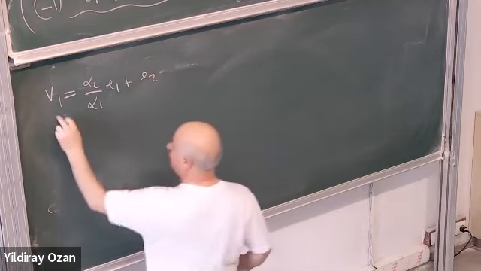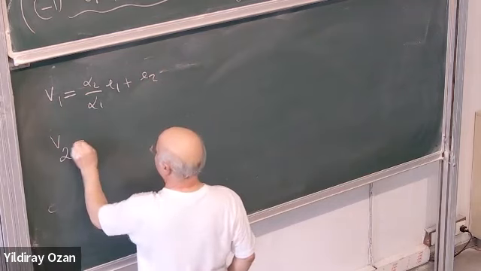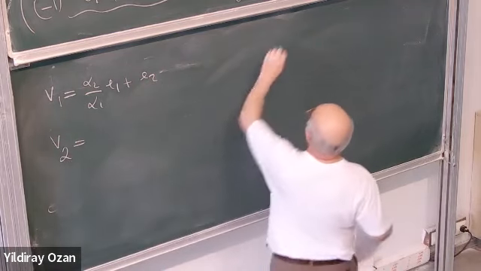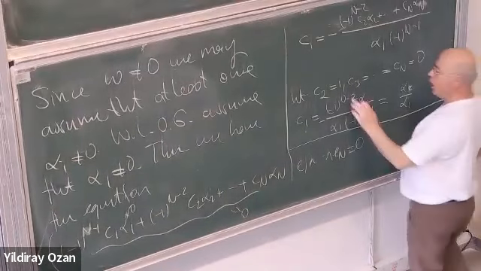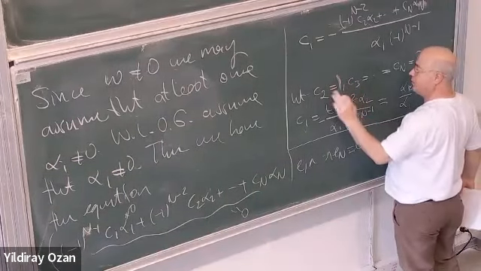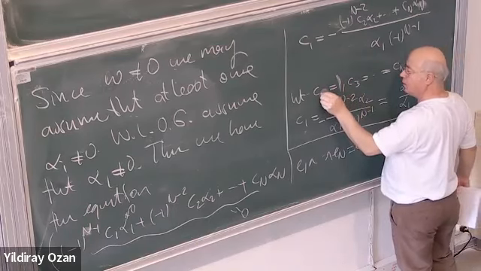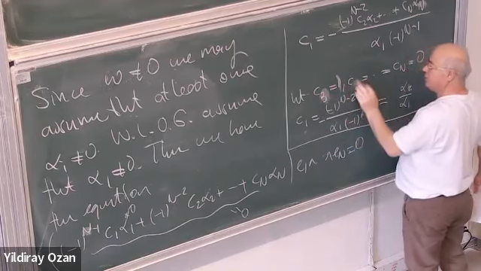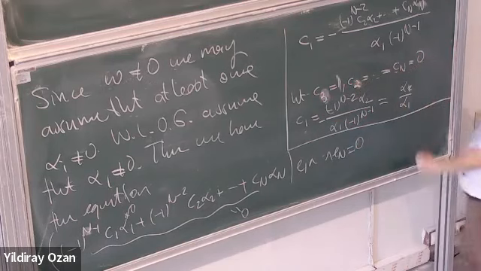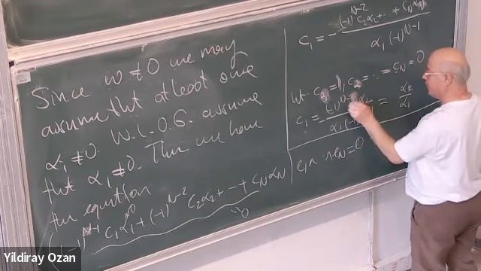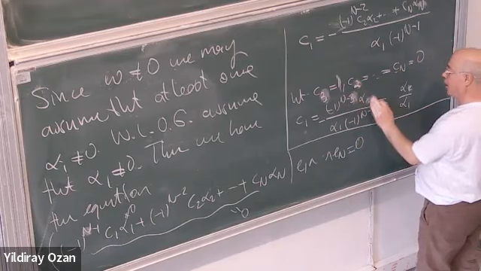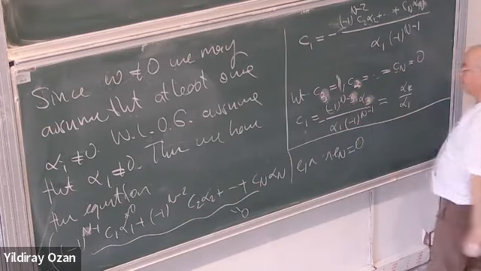So V1 is this. V2 will be what? This time, this is what we are going to do. I will let C3 be 1, C2 and all others 0. So what will we have? I will have n minus 3 here, and then alpha 3 here.